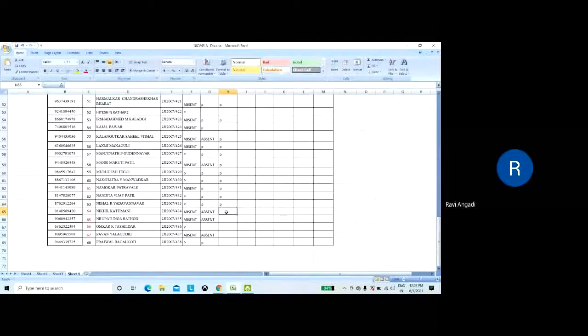Nikhil Kattimani, Drupatunga, Omkar, Yes, sir. Pawan Elgudri, Prajwal Bagalkoti, Present, sir.